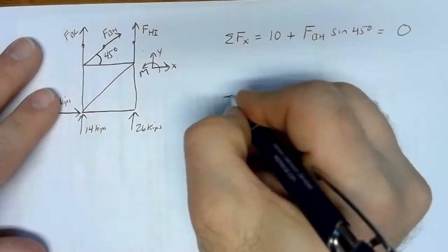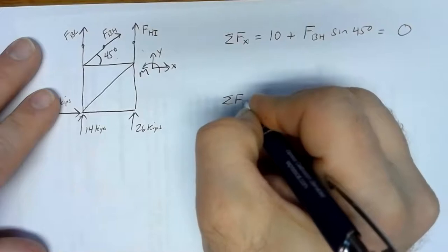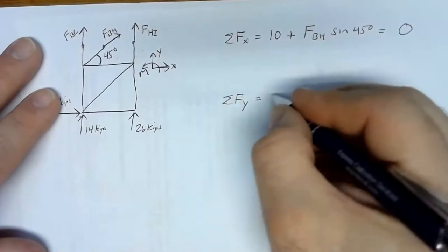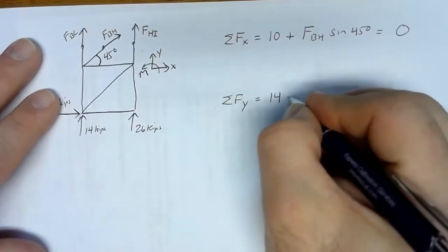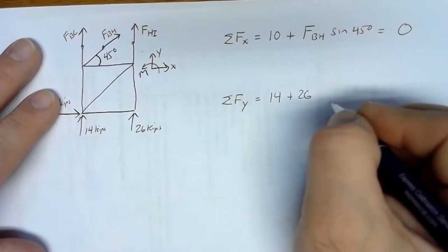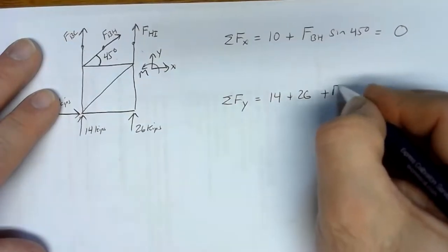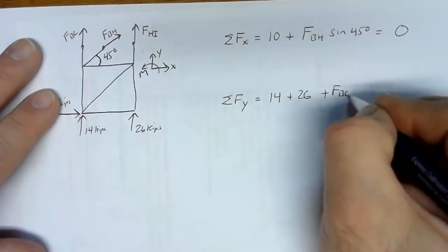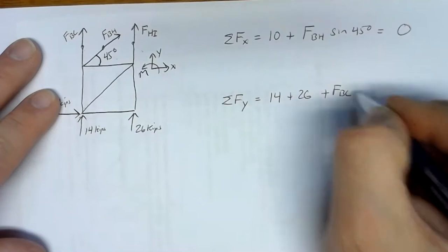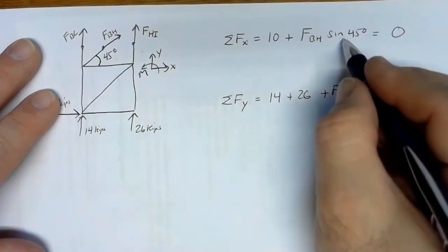Our y direction equation is going to be the problem on this one. Sum of forces in the y direction, we've got a positive 14 kips and a positive 26 kips. And then we've got all of FBC pulling up. And whoops, I did make an error here. Let's go back to this.